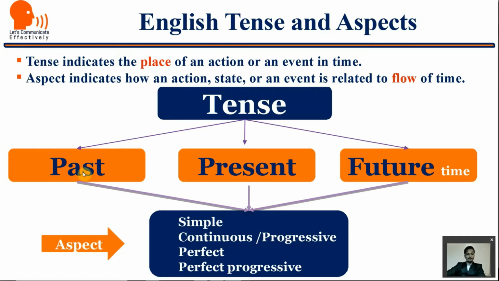So now how a verb in past tense functions at various aspects. Same in present tense. How it appears when it is simple, how when the action is going on, the flow of time, whether it is constant or it is continuous or it has been done or it has been being done. That flow of time is nothing but aspect.